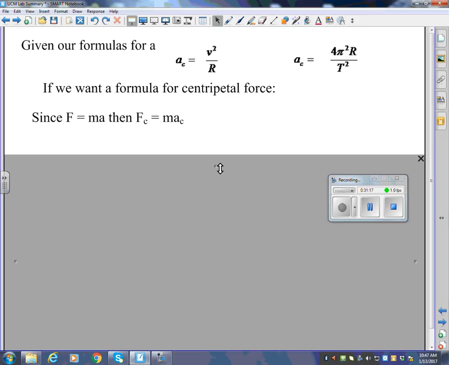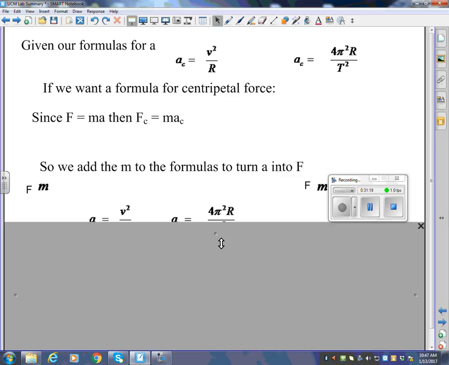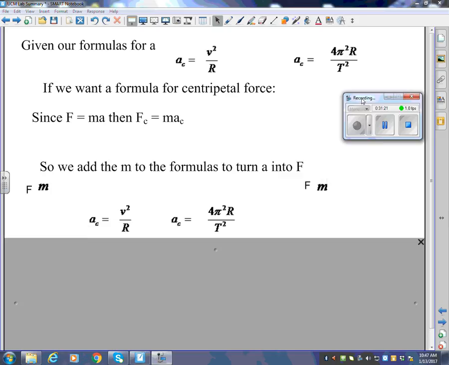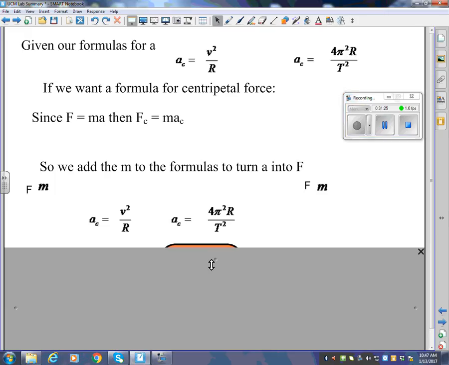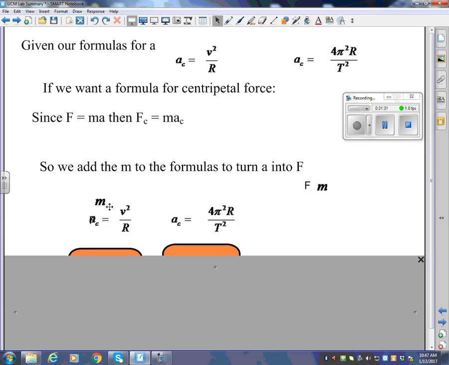So how do I make these into centripetal forces? We simply add M to the formulas to turn them into an FC, right? If I don't want centripetal acceleration, I want centripetal force, I have to put an M in there. And if I want centripetal force here, I have to put an M in front of that one.